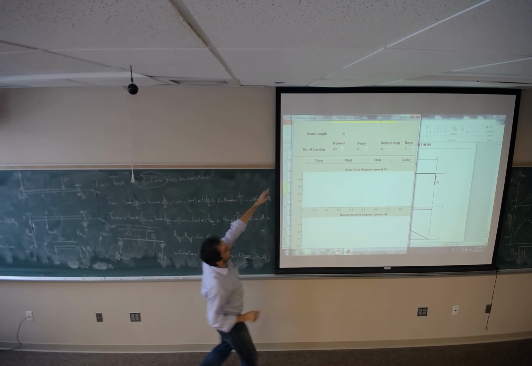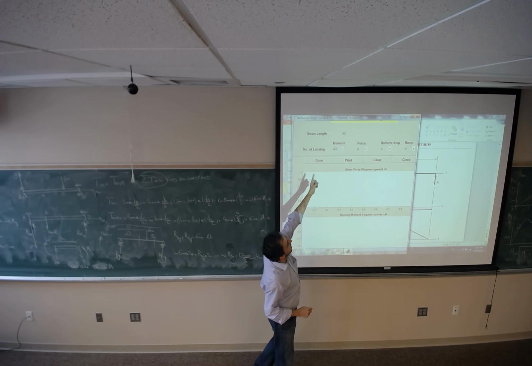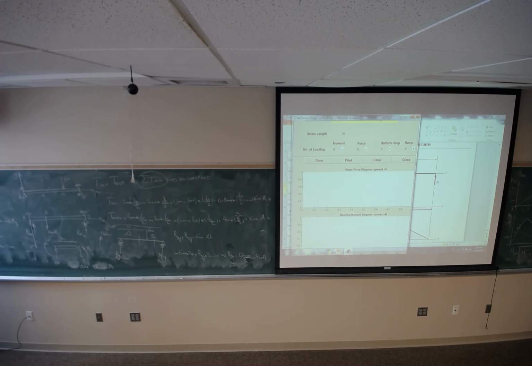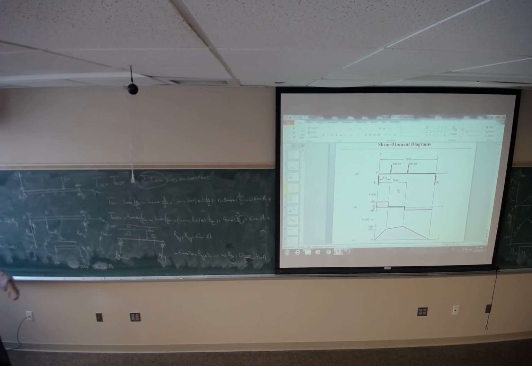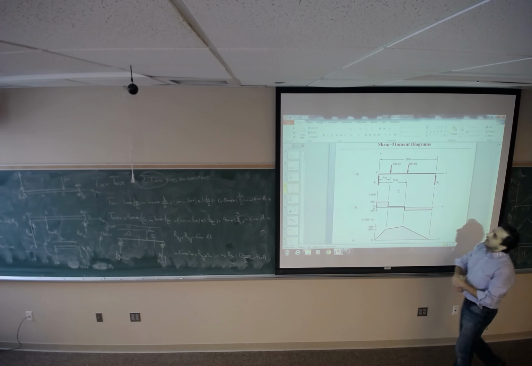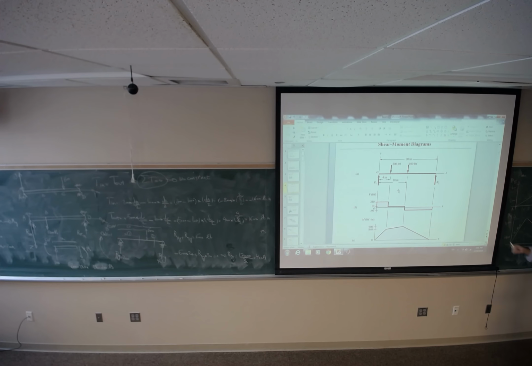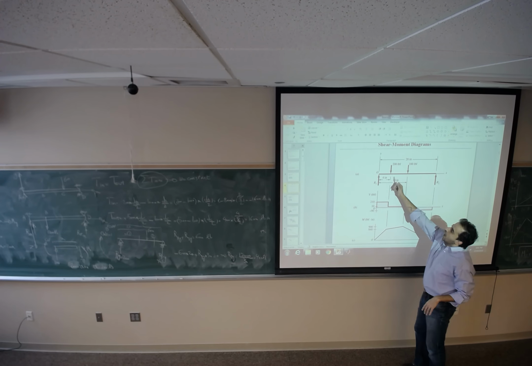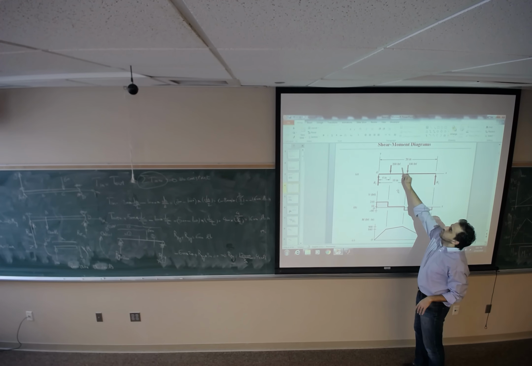Next line, number of loading. Do we have any external moments applied to the beam? If you look at this, there is no external moment. We only have concentrated forces. We don't have any distributed load as well. So how many forces do we have? 1, 2, 3, 4.